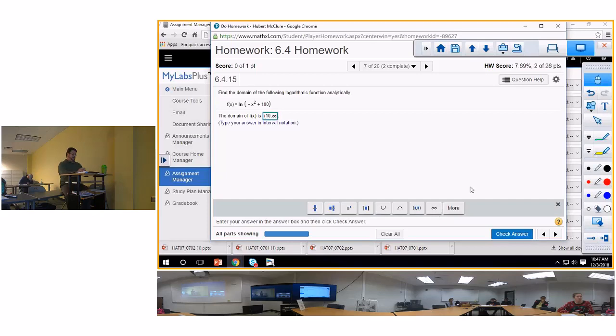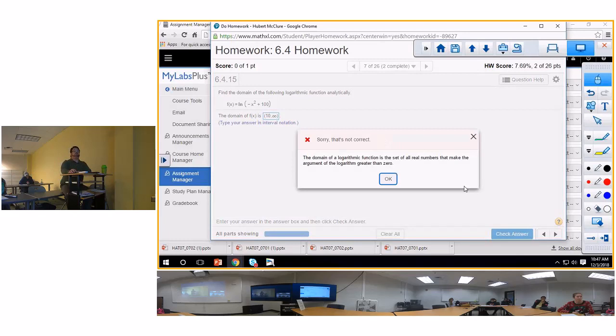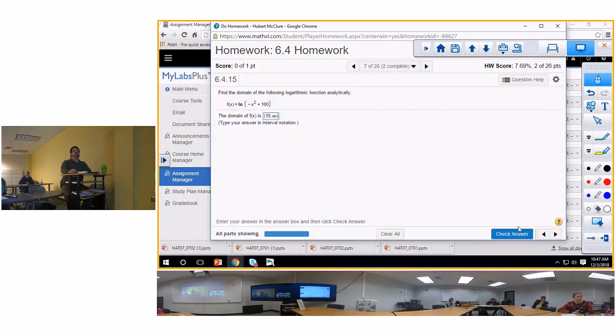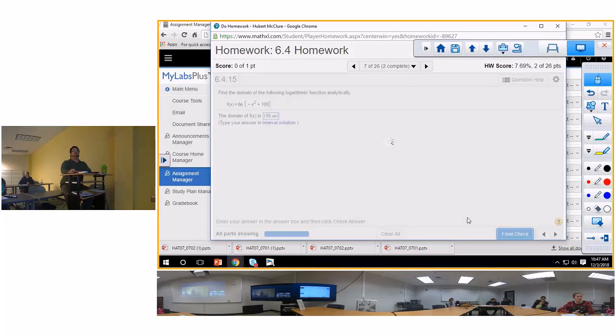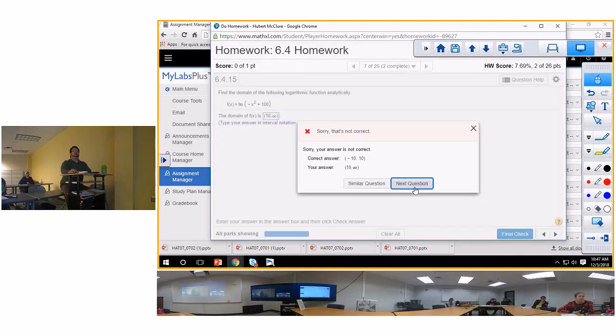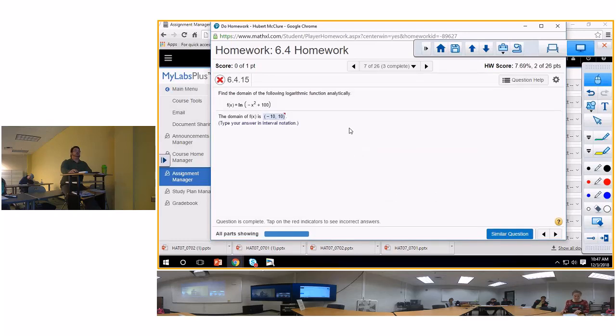Infinity? Parentheses. Unless I did something wrong. Let's see. Oh, okay, they want negative 10 and 10. But you can't. Oh, yeah, you can because negative 10 turns into a what? It turns into a positive. So it is negative 10 to 10. But that's how you do it. Next question.